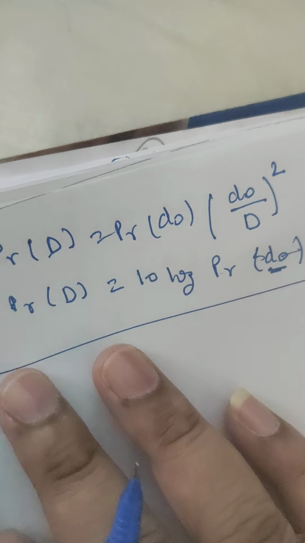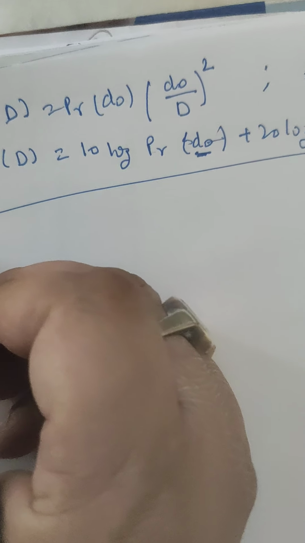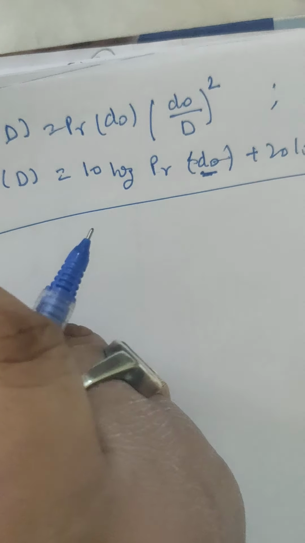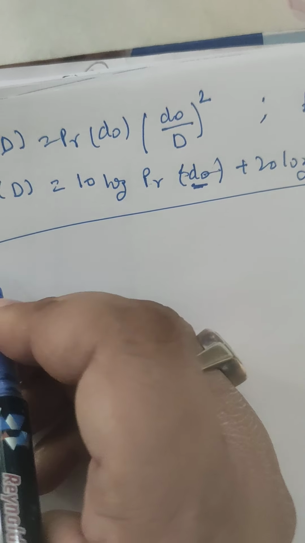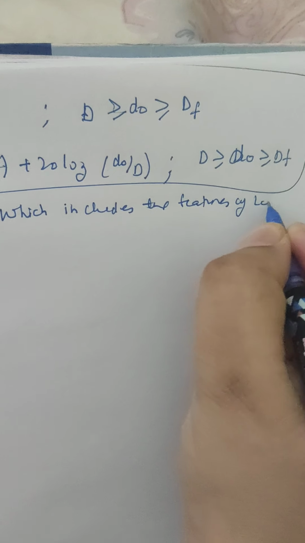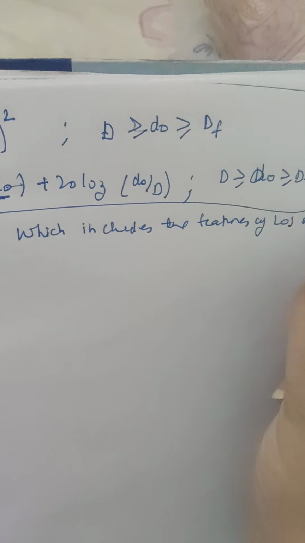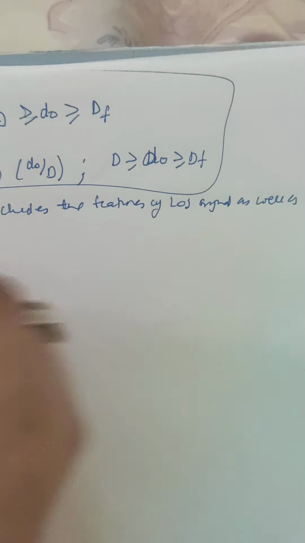To remove this problem there are some more models. The first model, to include the other signals, is known as the two-ray model, which includes the line of sight signal as well as the reflected signal.